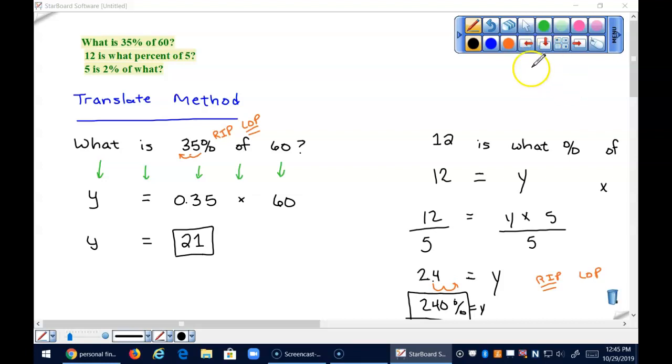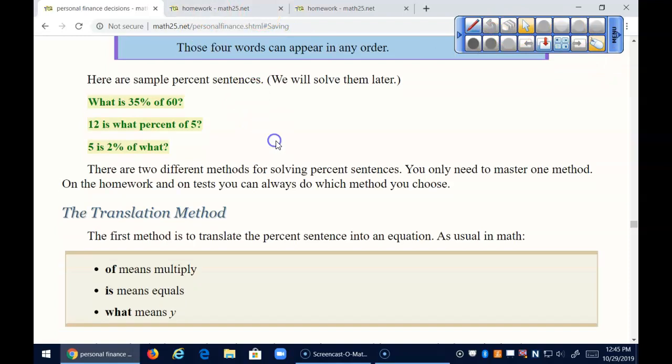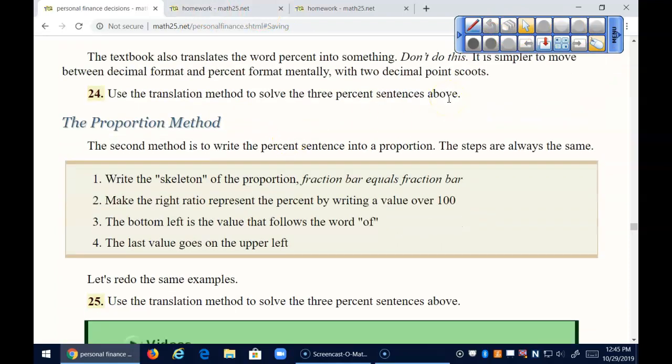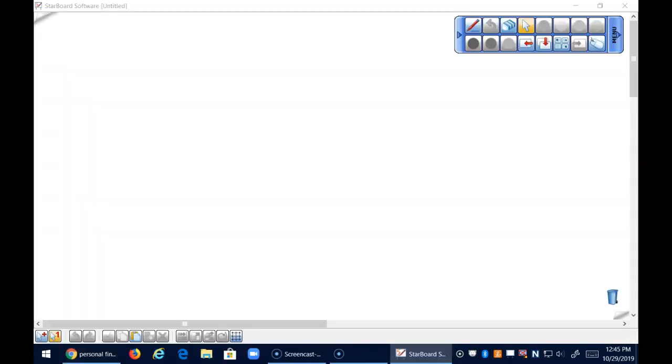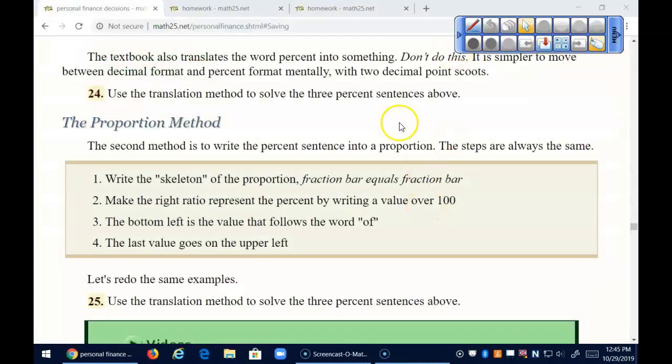There's also the proportion method. The proportion method has these 4 steps, which won't mean anything to you if I just read them out loud. So let's use them on the 3 problems. Here's our 3 problems. Here's our 4 steps.